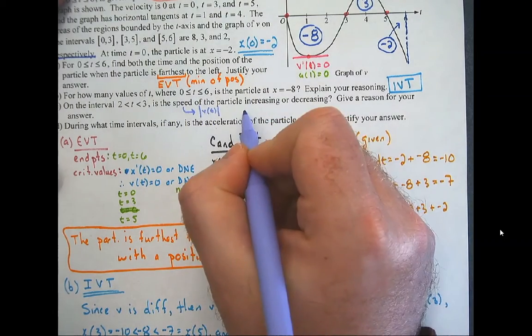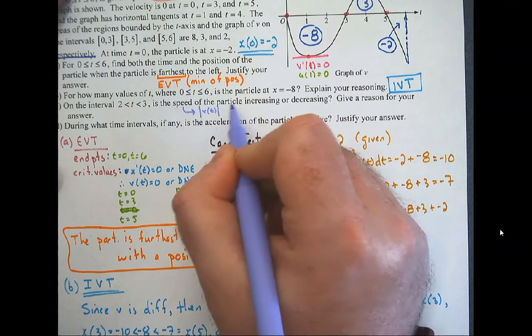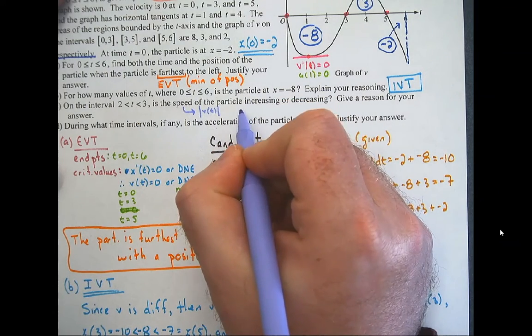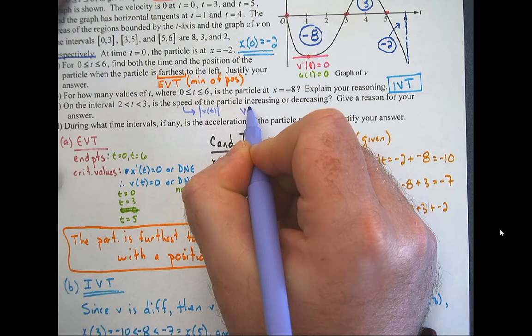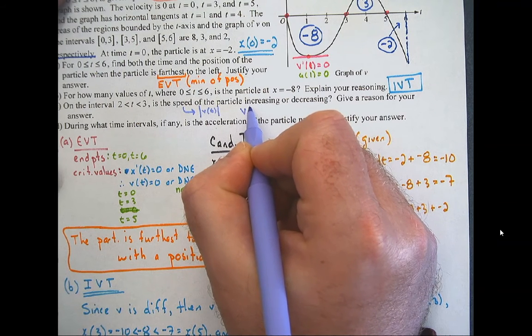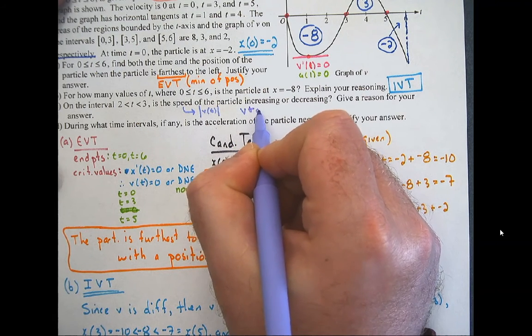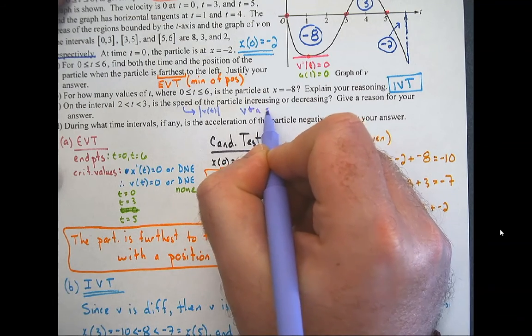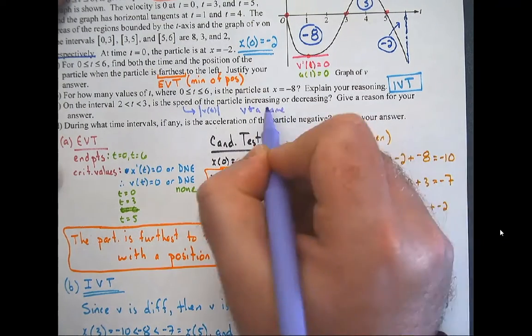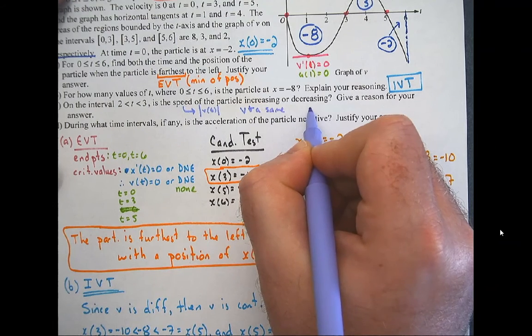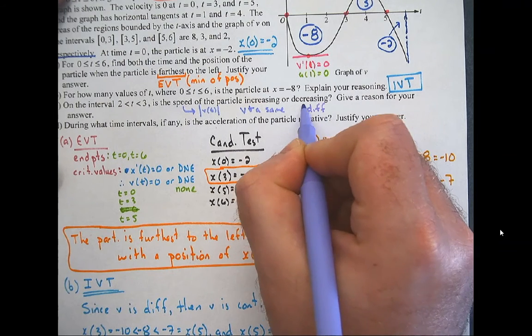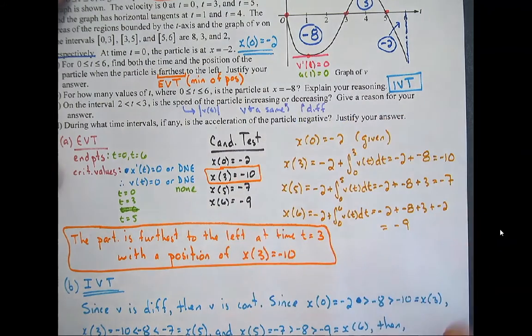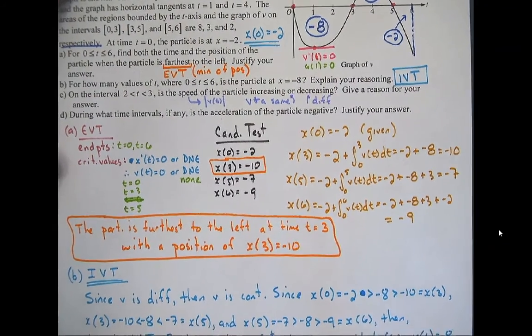For the speed of the particle to be increasing, the velocity and the acceleration need to have the same signs. For it to be decreasing, they have to have different signs. I'm not going to write a ton here because we're going to write more of it up in our argument. So there's a quick review of speed.